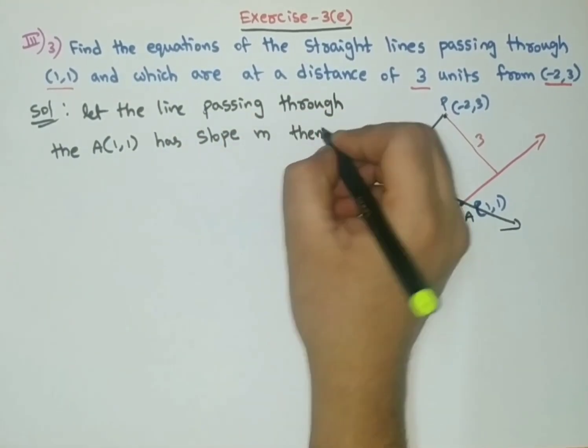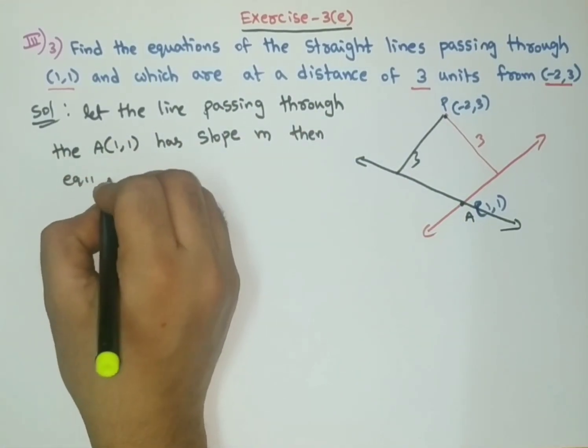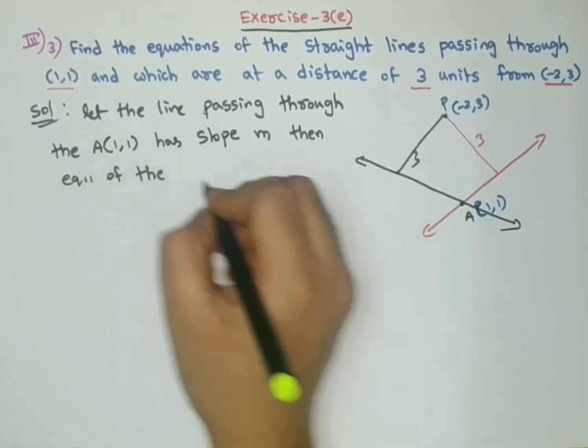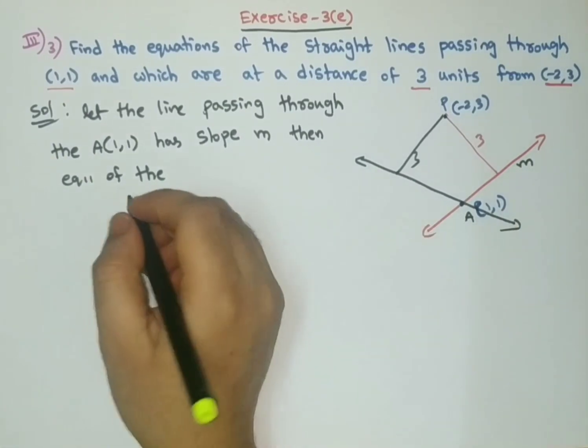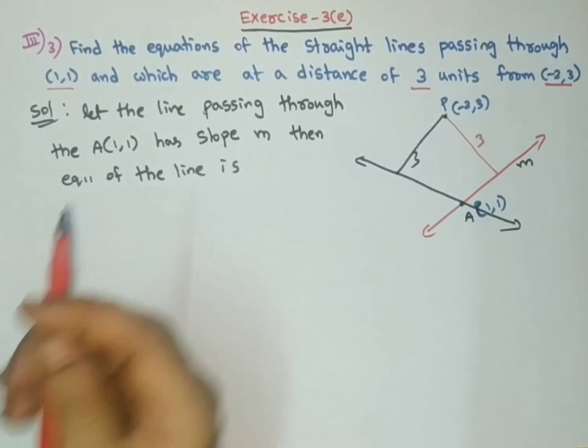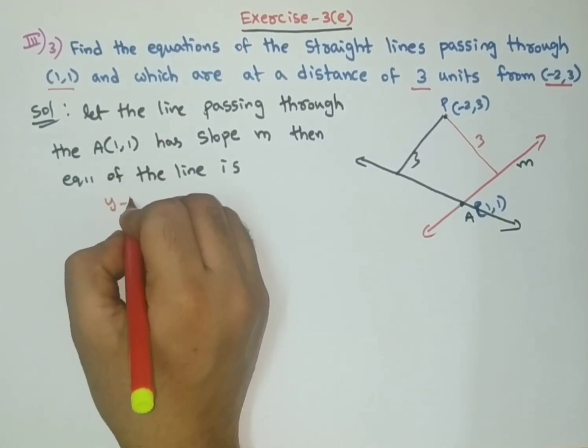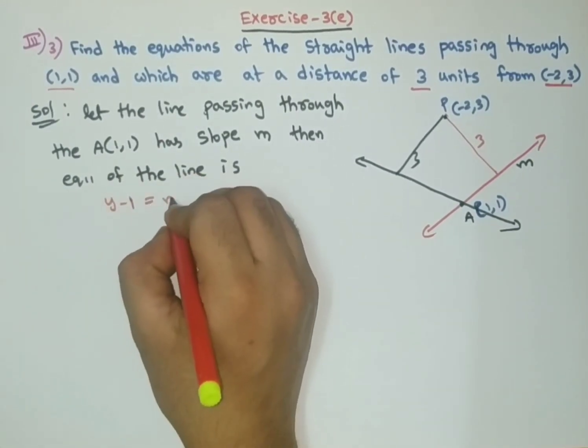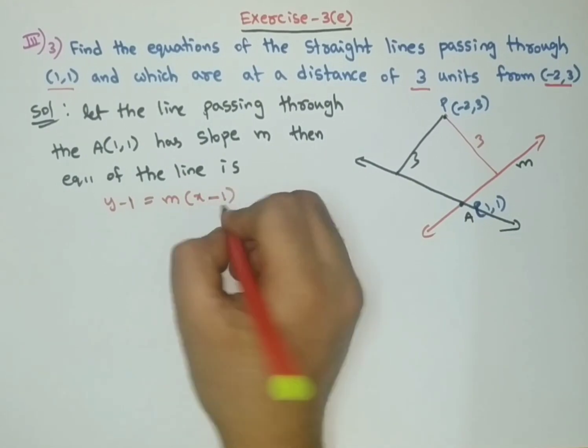Then the equation of the line, the slope of the line being m, is y minus y1 equal to m into x minus x1, where y1 is 1.